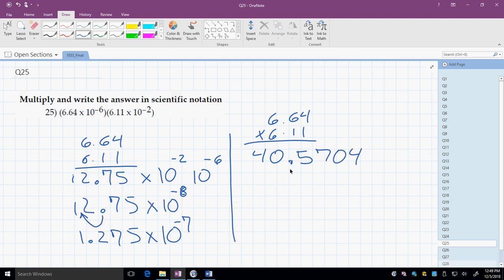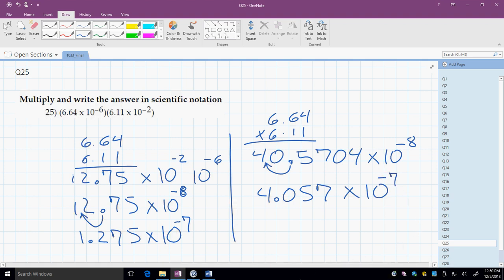Okay, the decimal we have to move 1 place to the left, and the same rule applies. It was 10 to the -8, right? When I move it 1 to the left, it's going to be 1.057 times 10 to the -7 because I moved it 1 to the left.